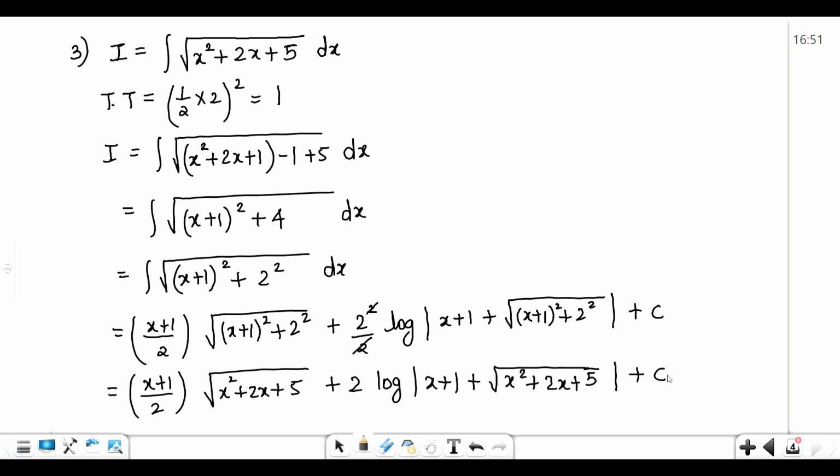Okay, so this was based on the square root of x square plus a square formula.